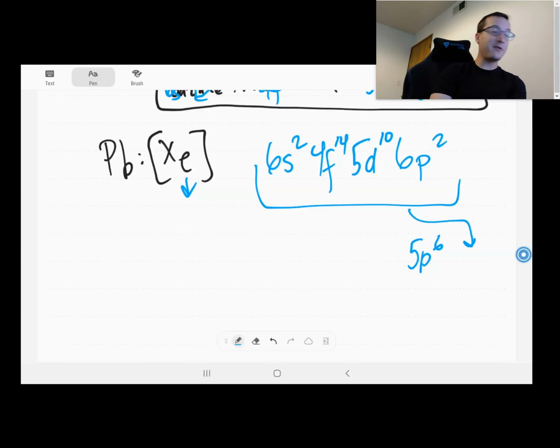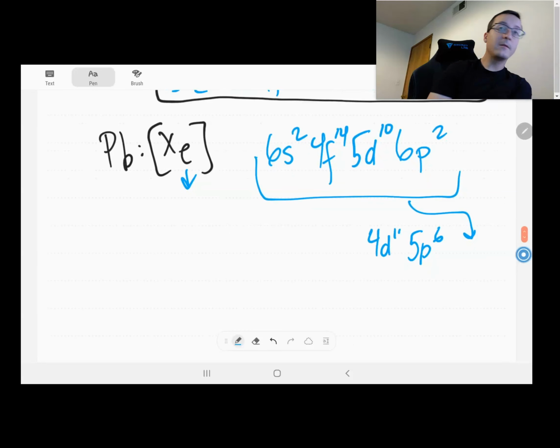So before 5p, what subshell is before 5p? 4d, exactly. So we're going to have 4d10. And before that, 5s2. You're absolutely right.